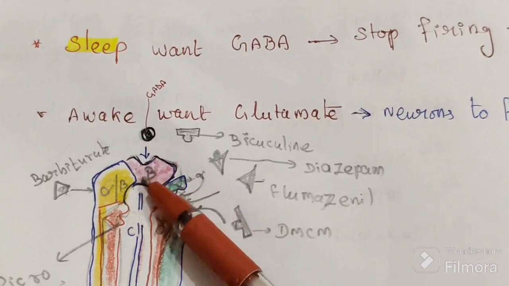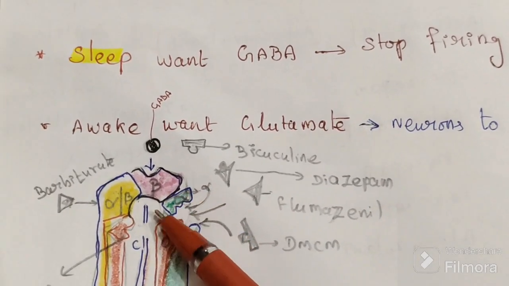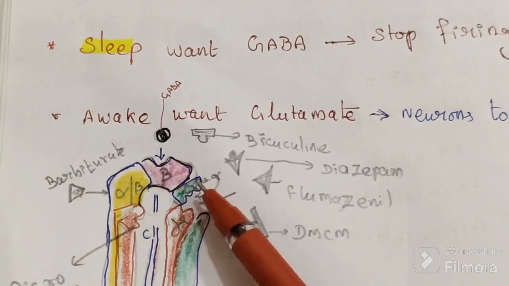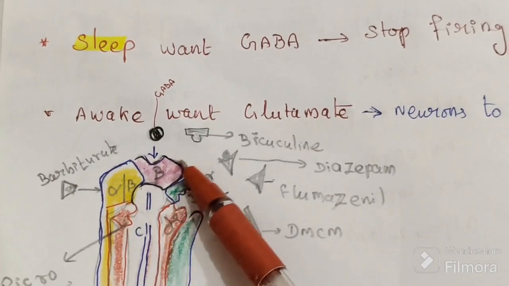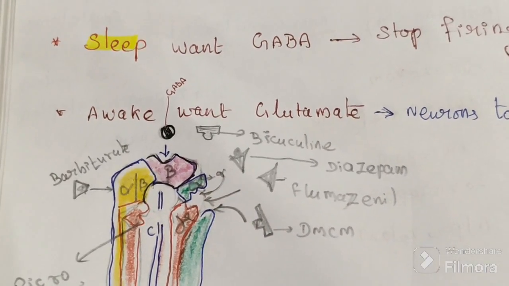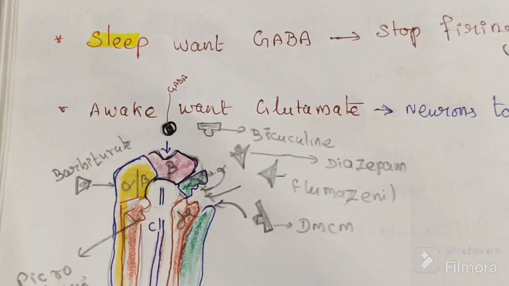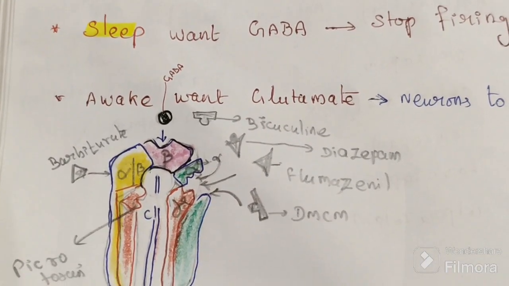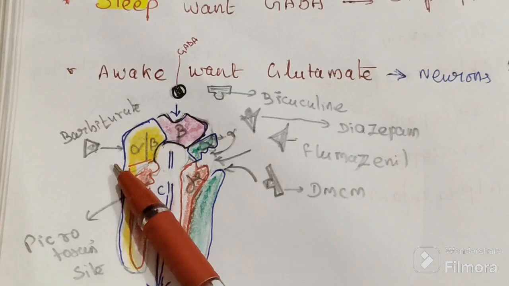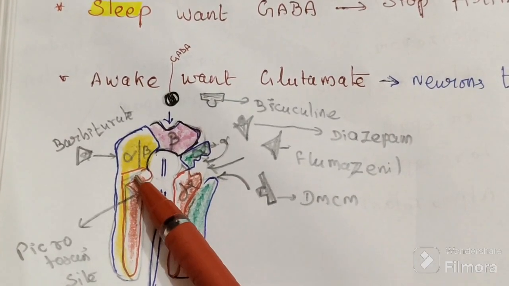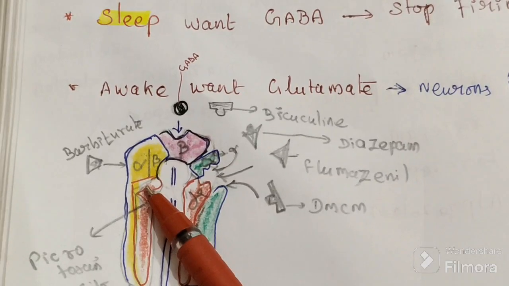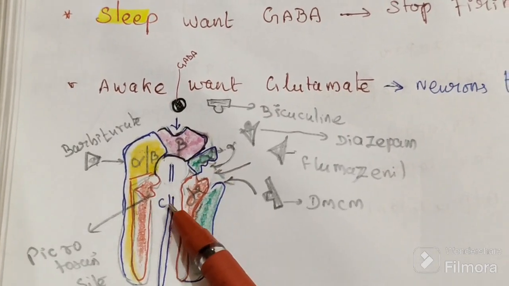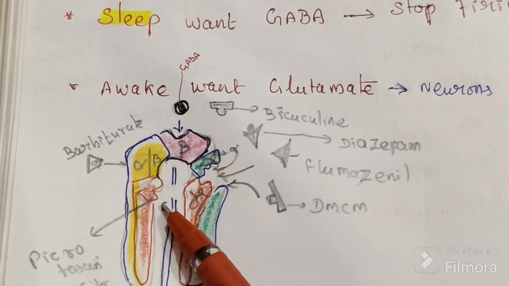The GABA receptor is a pentameric structure having 5 subunits: 2 alpha, 2 beta and 1 gamma subunit. Inside the GABA receptor there is a chloride channel, which is presented here.